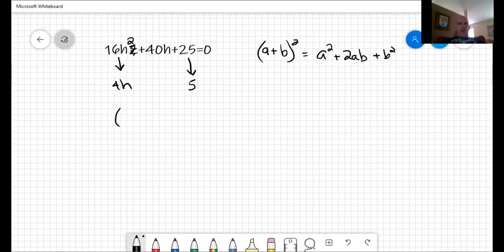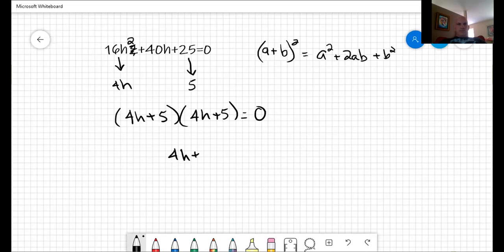So really what I have here is 2 of the same binomial. I have 4h plus 5 times 4h plus 5 equals 0. Well, I'm not going to set both of these equal to 0. Only one of these things actually needs to be set equal to 0 because they're the same exact thing.